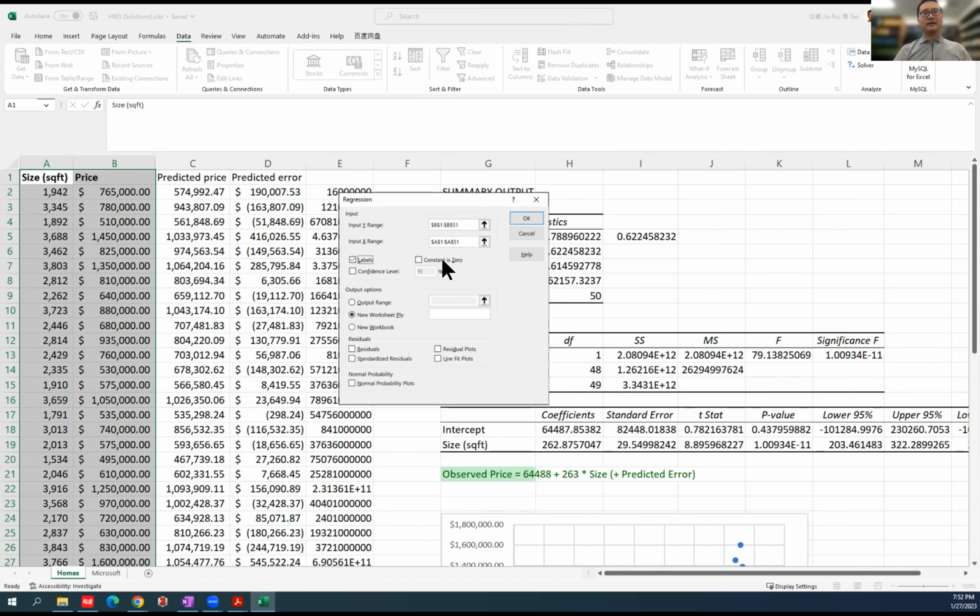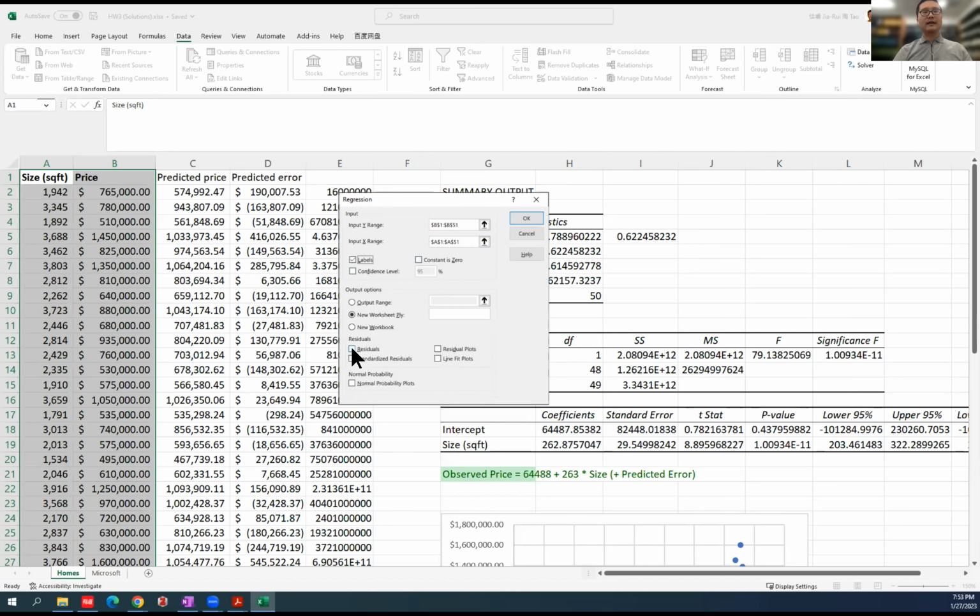If we chose this, it tells the Excel program that the intercept must be 0, and then it would be a wrong model. You could practice to see what happens if you check constant is 0, and you can predict price using the model following this, then see whether it gives the same model.